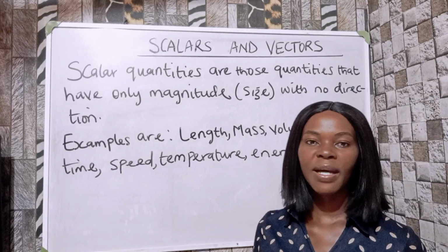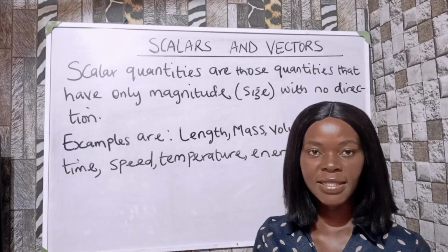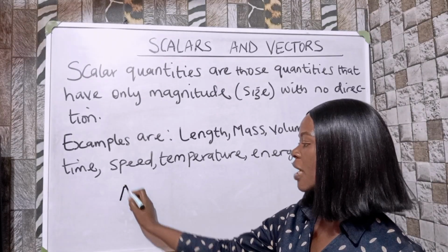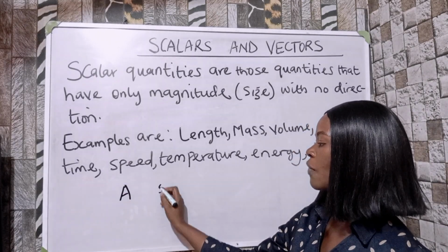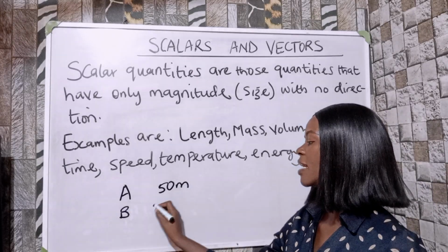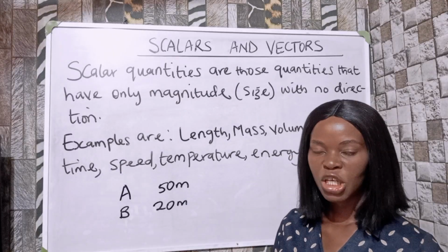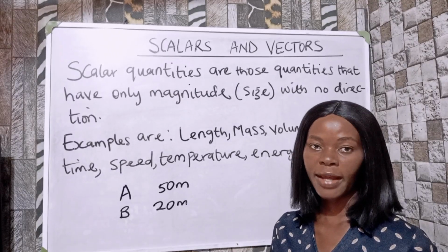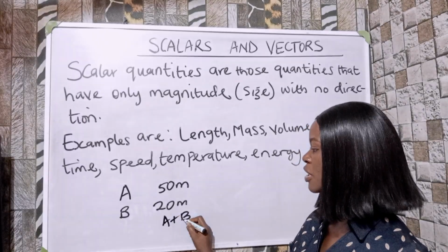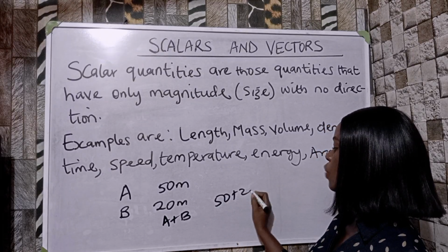Now, what do we mean by they have only numerical value or magnitude or size? It means, for example, if we say that this object A has a length of 50 meters and the object B has a length of 20 meters, we can add them together the way we add ordinary algebraic expressions, by saying A plus B. So we now have 50 plus 20.